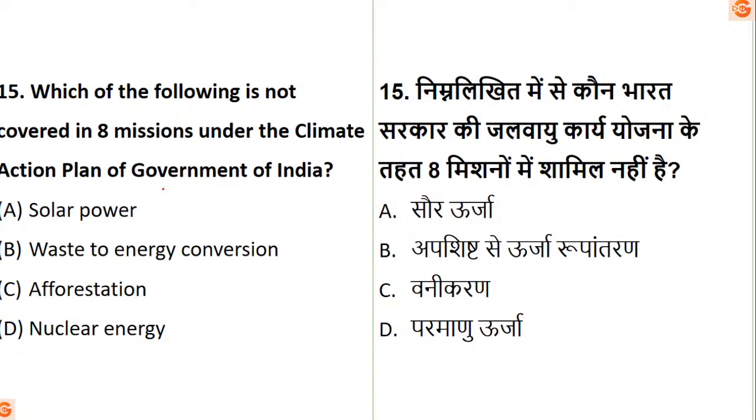So here they are saying that we have 8 missions. Out of 8 missions, which is not under the climate action plan of the Government of India, whether it is solar power, waste to energy conversion, afforestation, or nuclear energy?